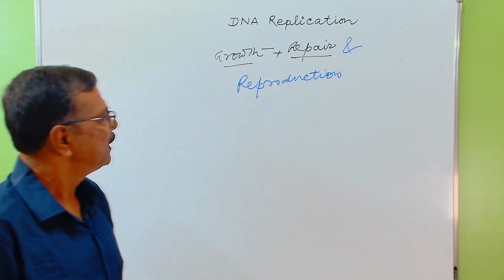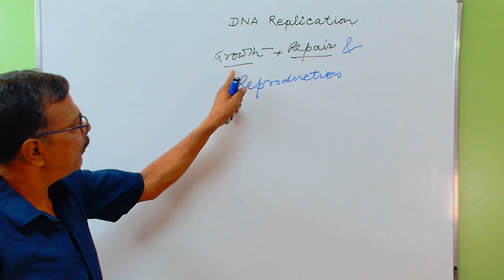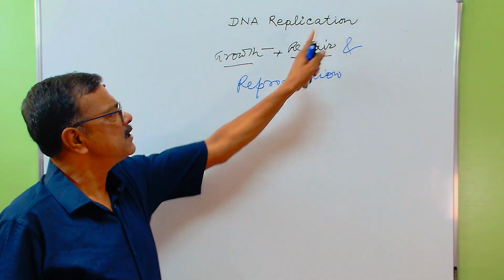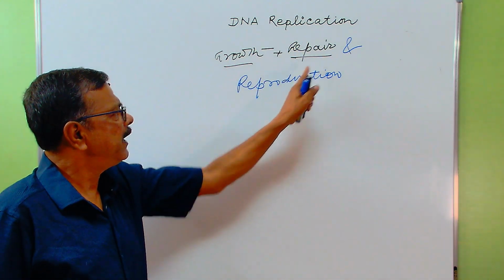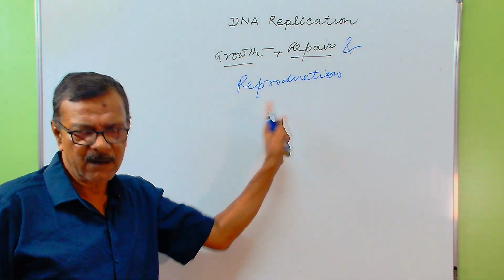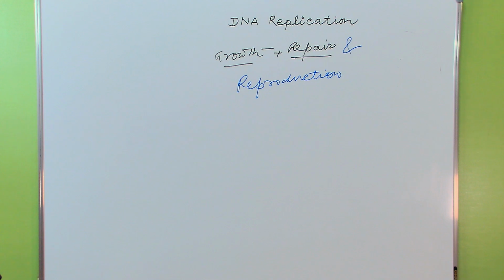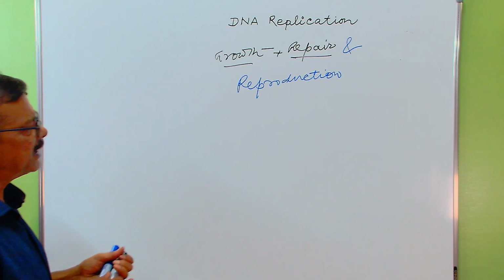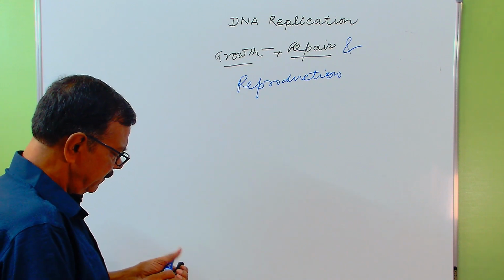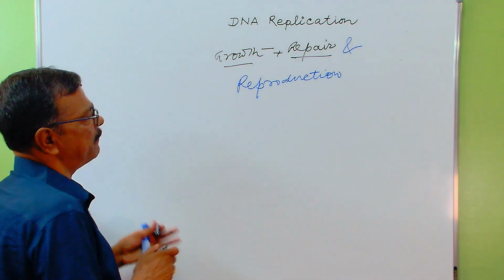Now, DNA replication is required for growth, repair, and reproduction of an organism. Why? For the transmission of genetic information.